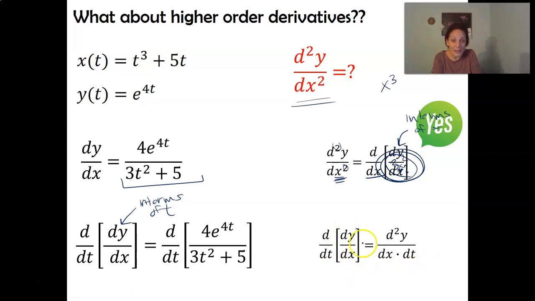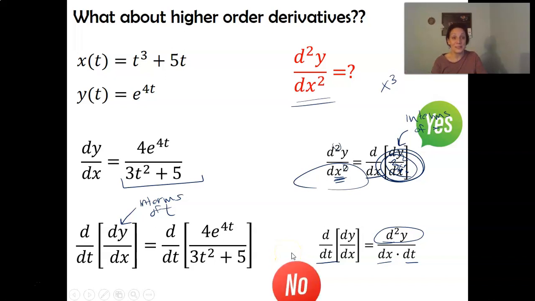I took dy/dx and I took the derivative of it with respect to t. So thinking about these little guys as individual quantities, what I have now is a second derivative, but the first derivative I took was in terms of x, and the second derivative I took was in terms of t. So notice that this denominator does not line up to being a dx squared. That's a problem. We have to fix it.